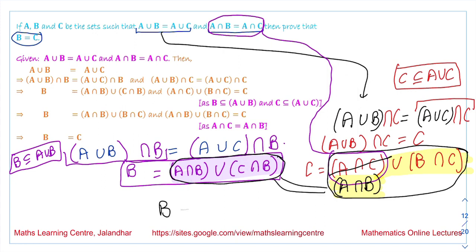It means what we get is that B is equal to C.